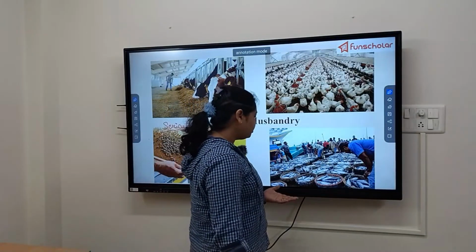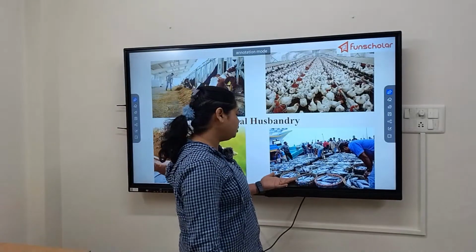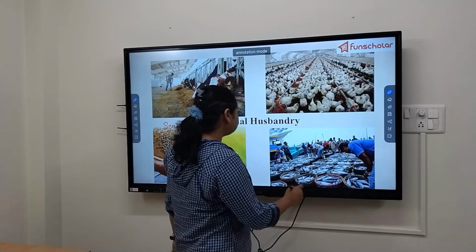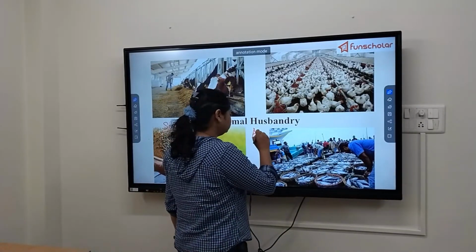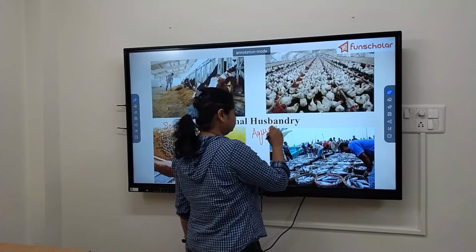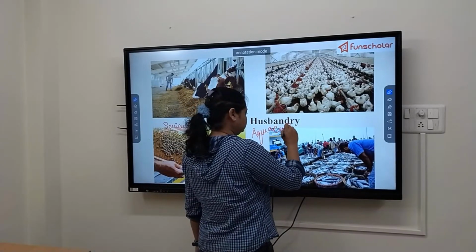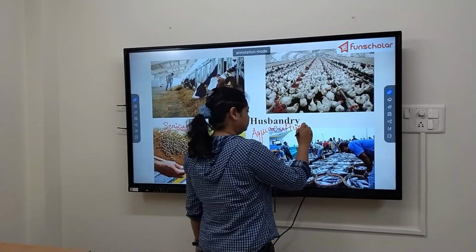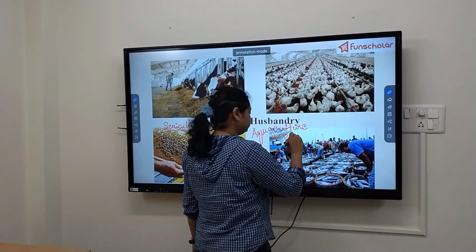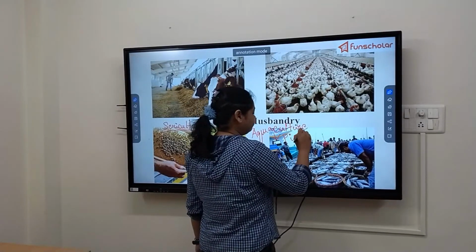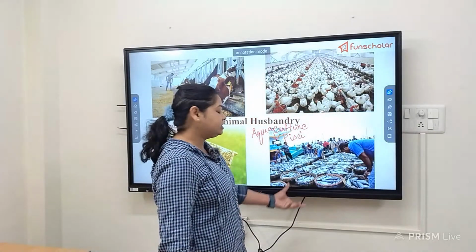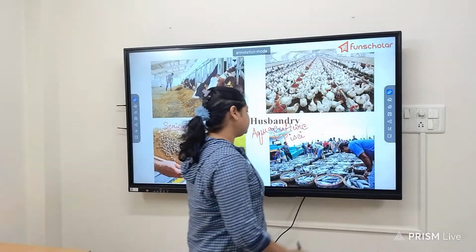Rearing of fish for their commercial use as meat is known as aquaculture, or more specifically pisciculture, because the scientific name of the fish category is Pisces.